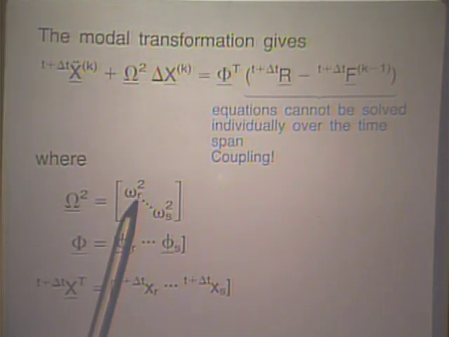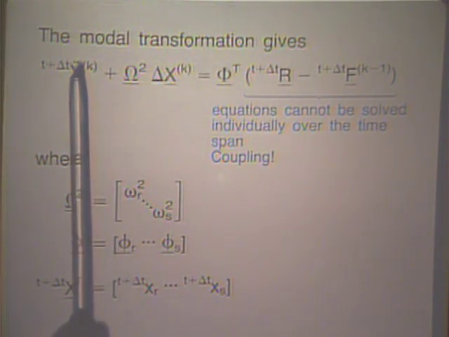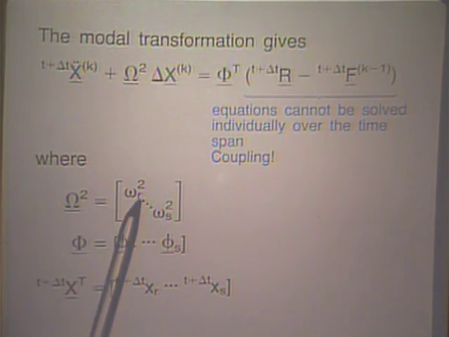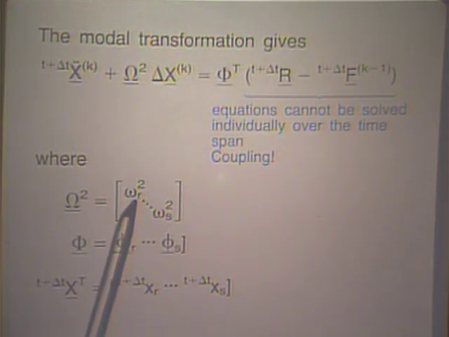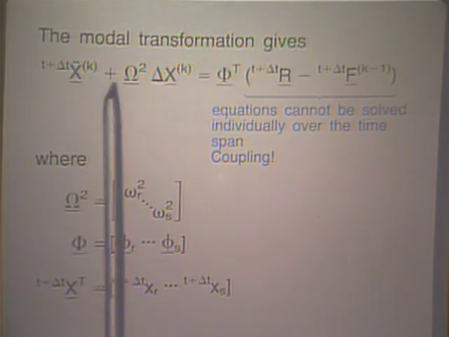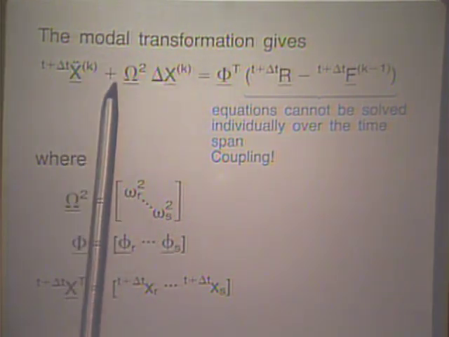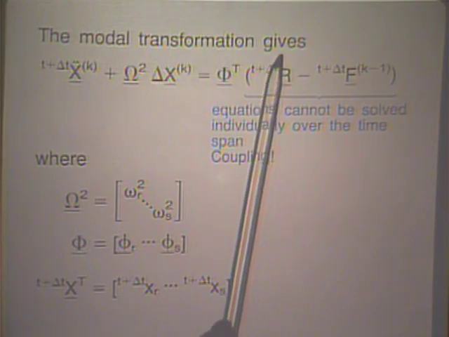Typically R might be 1, S might be 20, and then we would have 20 equations only. Of course, R could also be 25 and S 30, in which case we have a mode superposition corresponding to the 25th up to the 30th mode.